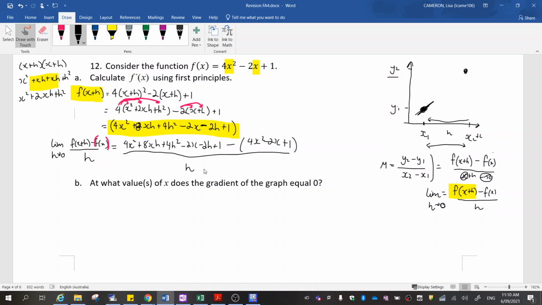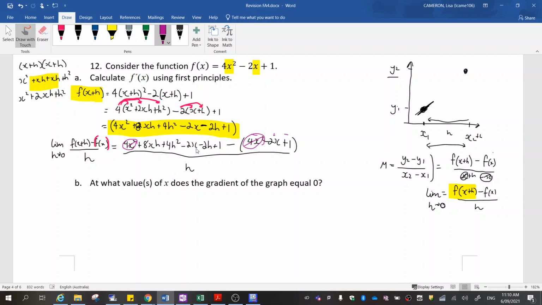Now, the genius of this process is that every single term in this bracket will end up being cancelled out. I'm going to use purple to do some crossing. If I multiply this through, this becomes negative 4x squared, this becomes positive 2x, and this becomes negative 1, so they all change signs. So this positive 4x squared, he's gone.